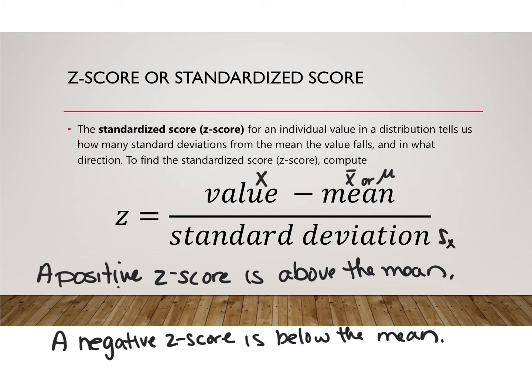In the calculator, Sx, but also sigma. You're taking the difference between the value and the mean and dividing it by the standard deviation, which tells us how many of those standard deviations it is from the mean.